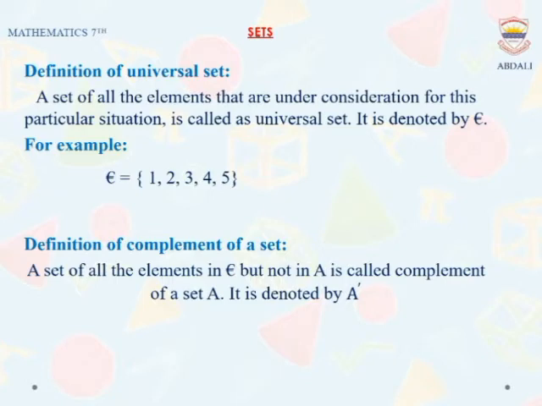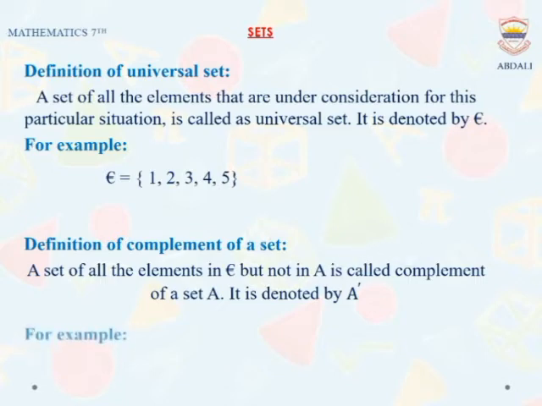So, what is the complement of a set? All the elements of the universal set that are not in the given set are known as the complement of a set.